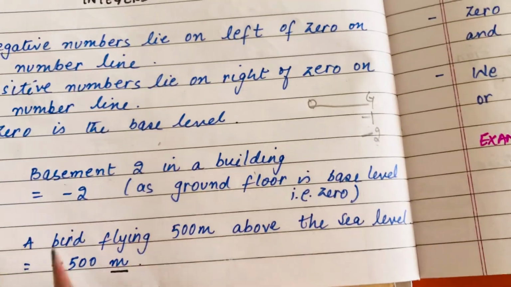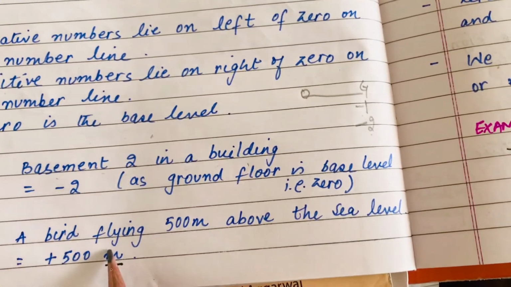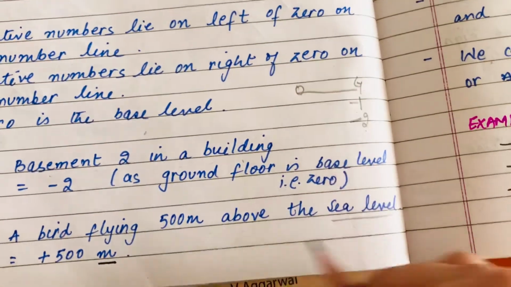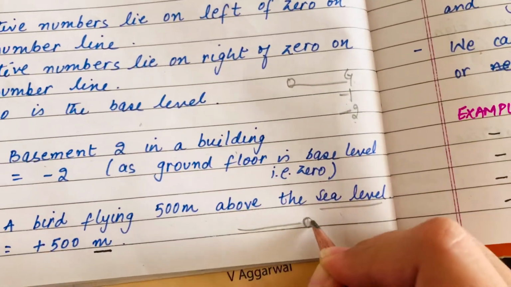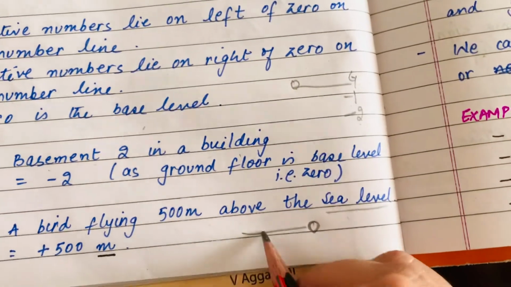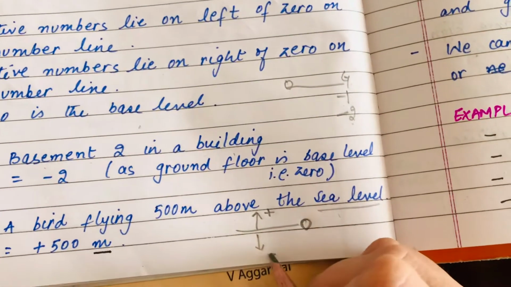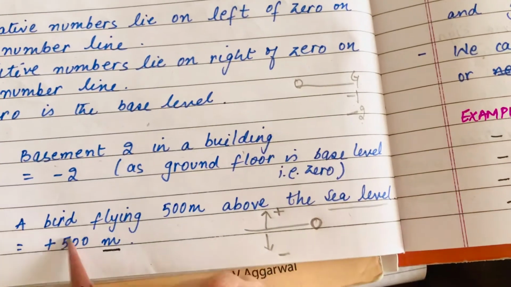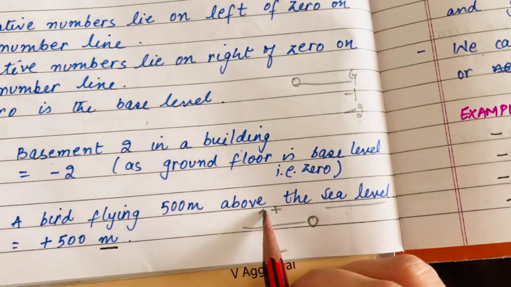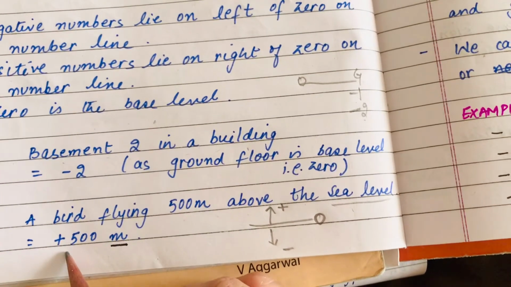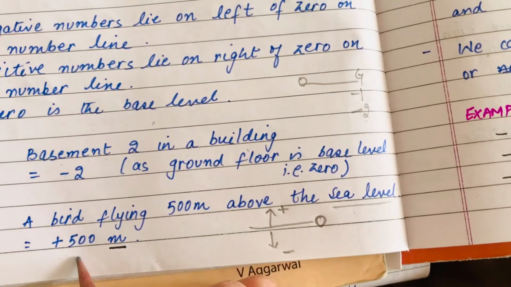Okay. Similarly, if we observe a bird flying 500 meters above the sea level, here we are considering sea level as the base level. So if something is above, it will be positive, and if something is below, it will be negative. So if a bird is flying 500 meters above, in integers, mathematically, we will write that as plus 500.